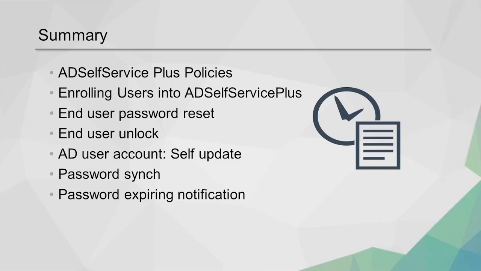So what did we go over today? Well, we talked about how we can empower the users. We do this through a tool that interacts seamlessly with Active Directory. The tool allows the end user to reset and unlock their own passwords, and do their own updates to their Active Directory information, depending on what you define that they can do. And we also have expiring notifications so that you can customize better communications with that end user when their password is going to expire.